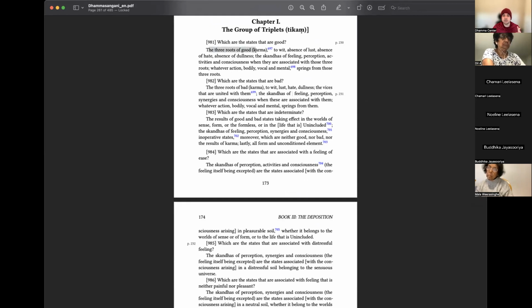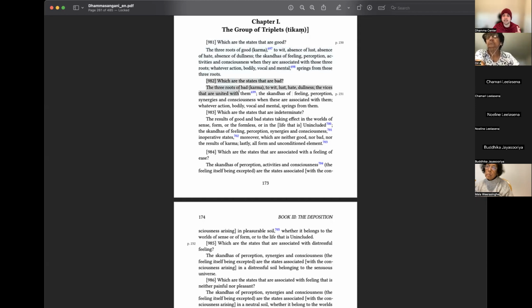The three roots of good karma, to wit, absence of lust, absence of hate, absence of dullness; the khandhas of feeling, perception, activities, and consciousness, when they are associated with those three roots; whatever action, bodily, vocal, mental, springs from those three roots. That is Kusala Dhamma.